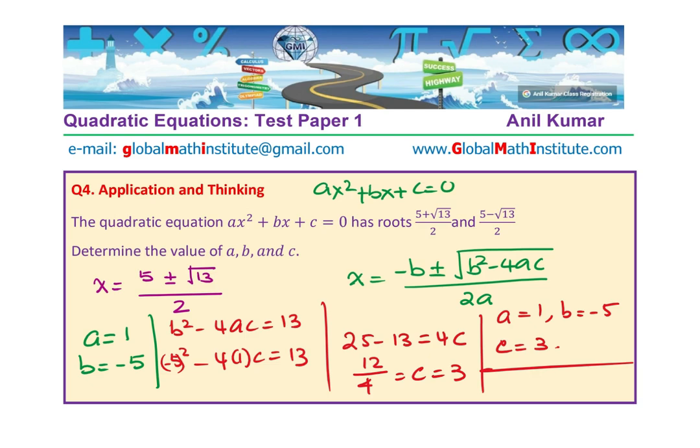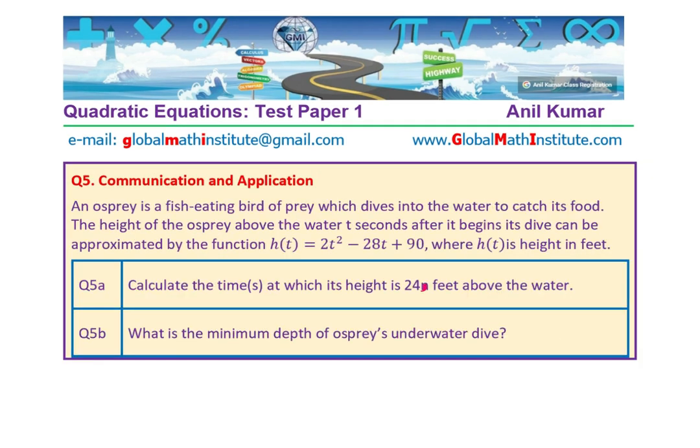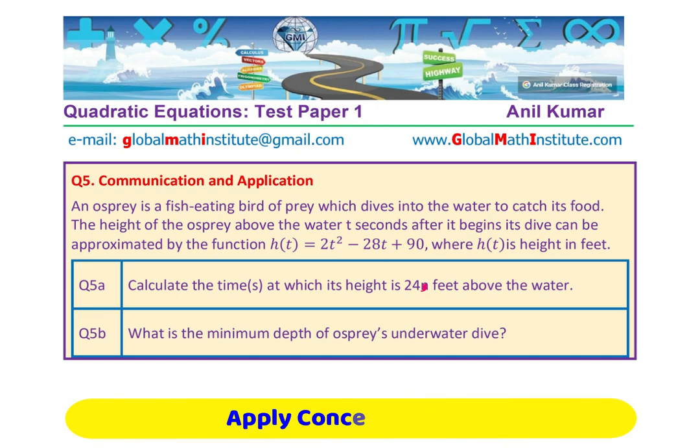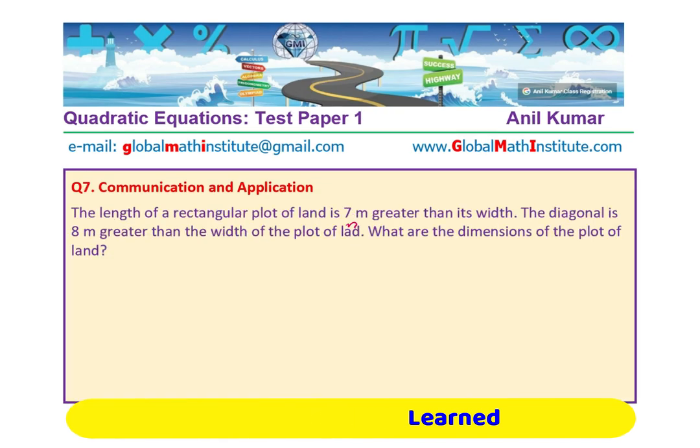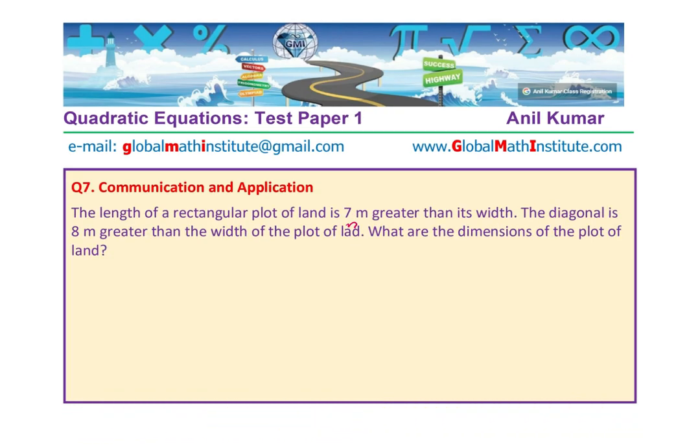So we have answered these questions here. The remaining half of this test paper I'll solve in the next video. Question number 5, the osprey example, very beautiful example. Question number 6, find the value of k, which will have two equal roots. Question number 7, a rectangular plot.